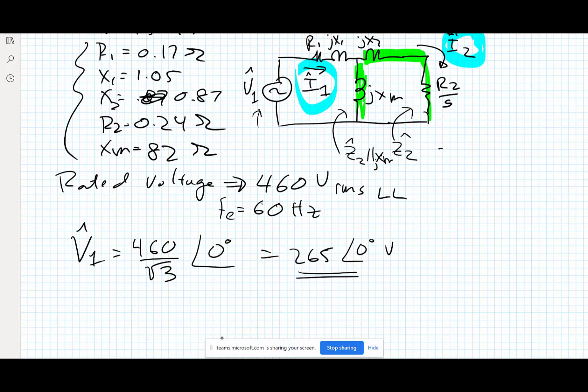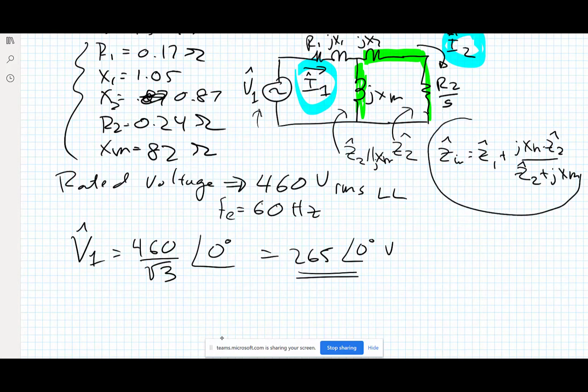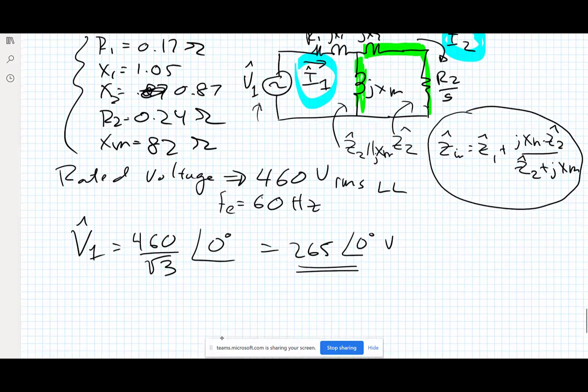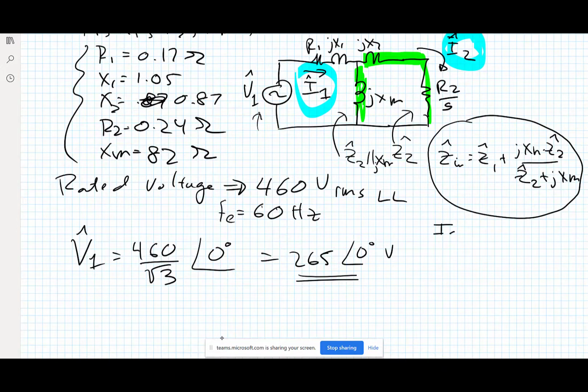So I have to find Z in, which is Z1 plus jXM Z2 over Z2 plus jXM. And then I1 would be equal to V1 divided by Z in.